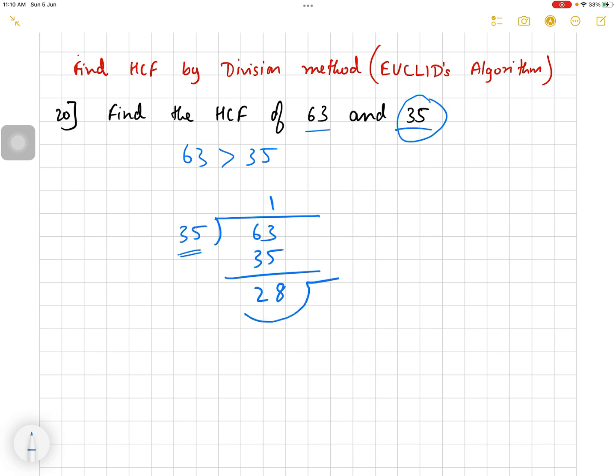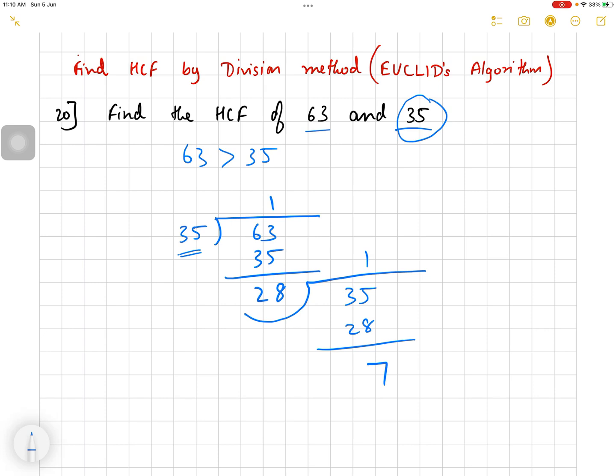So 35 is the dividend now, and 28, the remainder, is your divisor. So 28 ones are 28, and how much will be the remainder? 7 is the remainder, right?